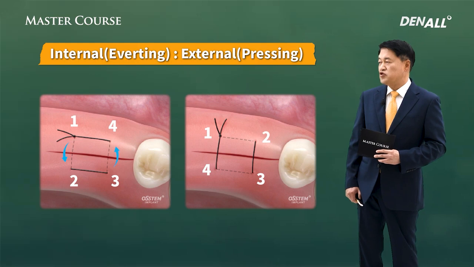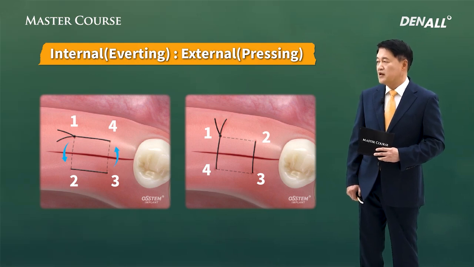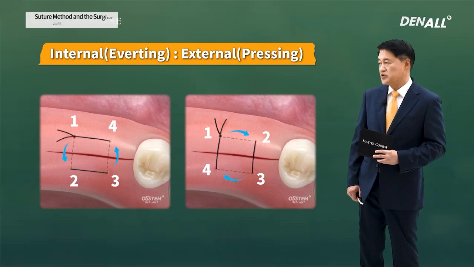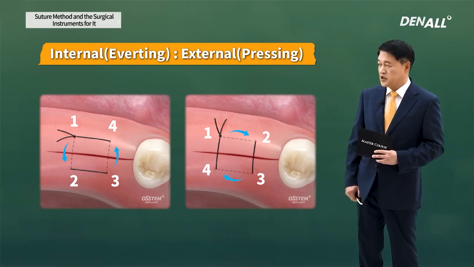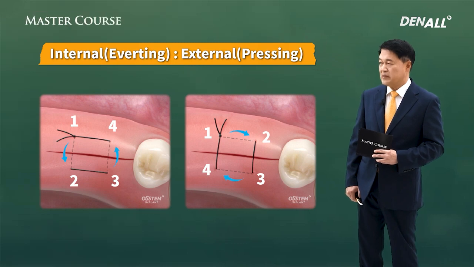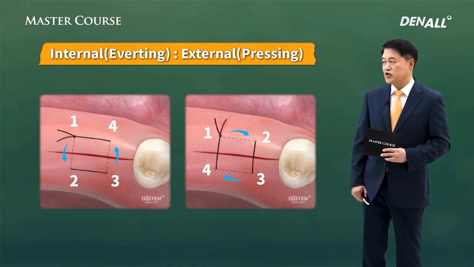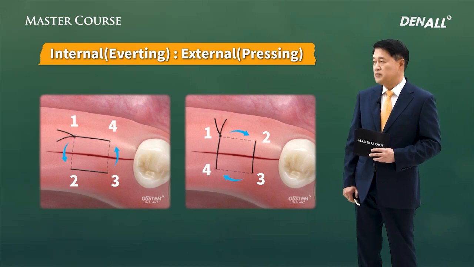External mattress suture, on the other hand, the silk that goes through the membrane goes through the top part. So from the buccal, mesial to distal, then again through the incision line from mesial to the other direction. It goes through the top part of the membrane, so it presses that part. So internal mattress suture has the everting effect, whereas external mattress suture has the pressing effect.